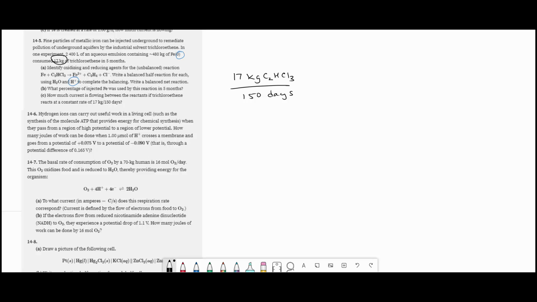So current is measured in coulombs per second. That is what an amp is. So let's convert this into moles per second first. So I'm going to take my kilograms, and in 1 kilogram, I have 1,000 grams. You'll see that we've done most of this calculation already, but like I said, I get eraser happy. And then we have 131.39 grams of C2HCl3 per 1 mole.